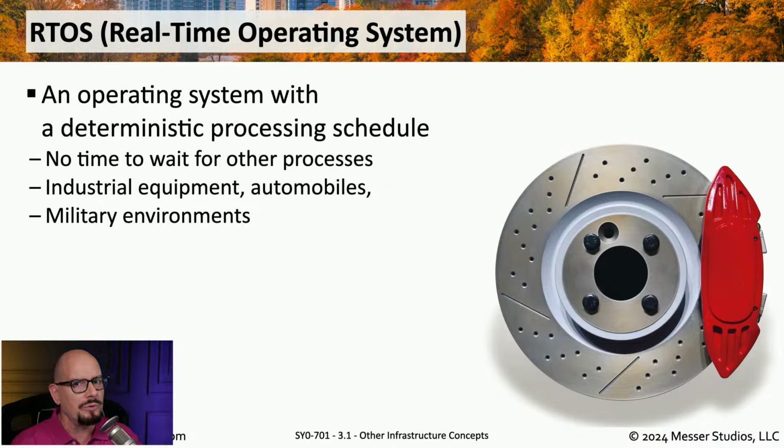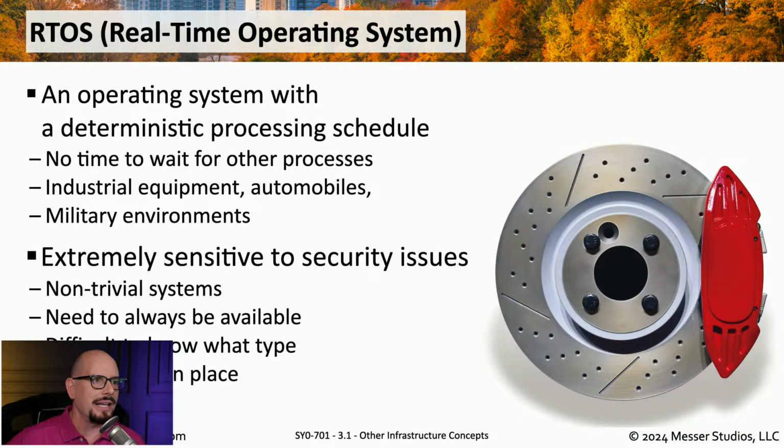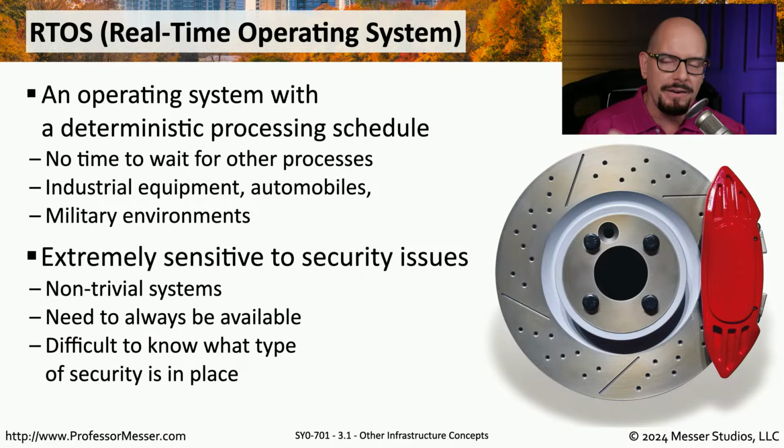And that's pretty important when you get into industrial machines, vehicles, anything where seconds, milliseconds, nanoseconds count. Pretty important to be able to deal with that. Military environments, for example, are that. These are obviously systems that you want to be very careful with from a security perspective, because we don't want anybody to gain access to a system that has been built to protect and provide immediate responses when certain things occur.